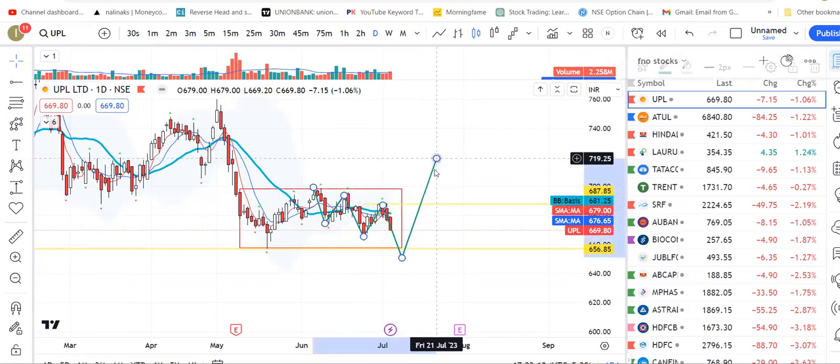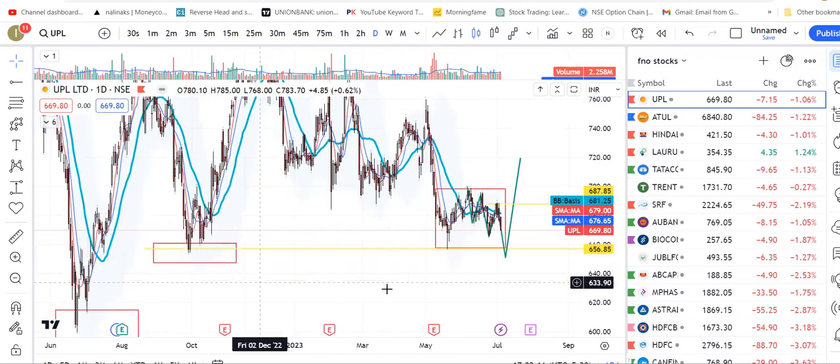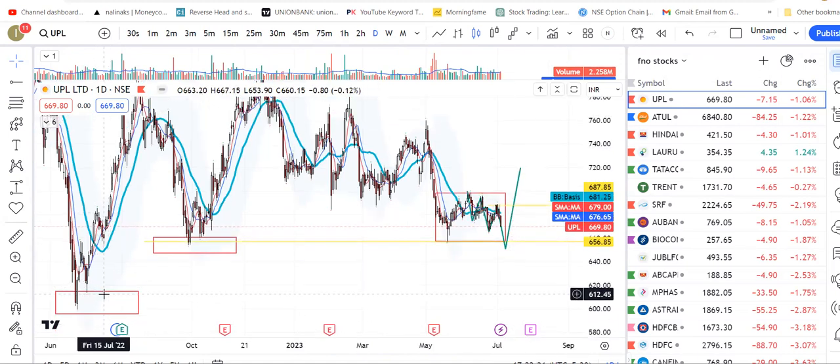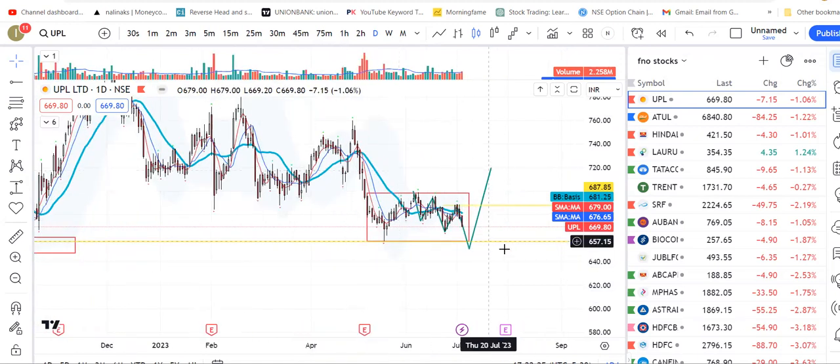Then you can see a range breakout in this UPL, because key support level is over here, or it can break down to the level of this key support area, 612 also. So it is undergoing consolidation. Probably it is waiting for its earnings.